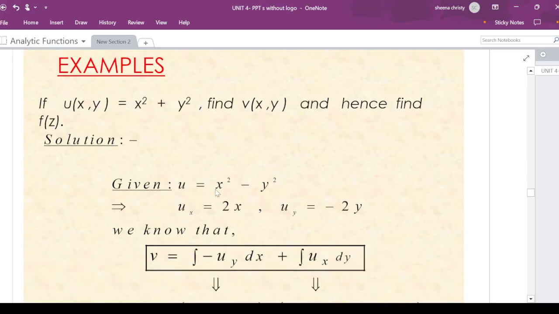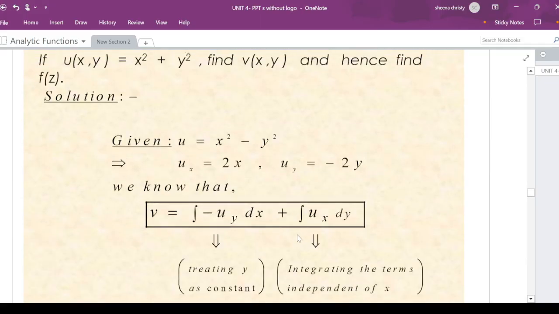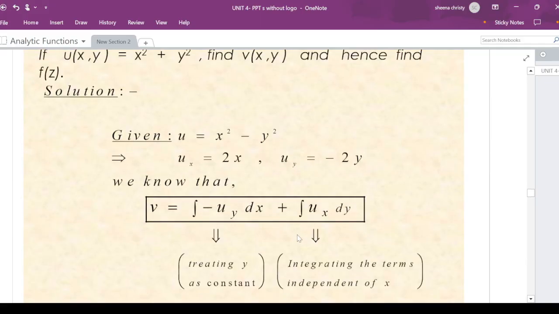So the function u equal to x square minus y square. To find v, we have to know what ux is and what uy is. Find the first order partial derivatives: dou u by dou x equal to 2x and dou u by dou y equal to minus 2y. Therefore, v equal to integral of minus uy into dx plus integral of ux into dy.